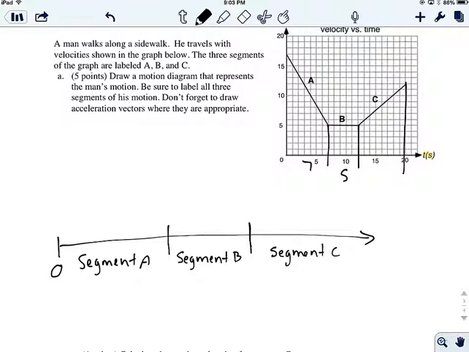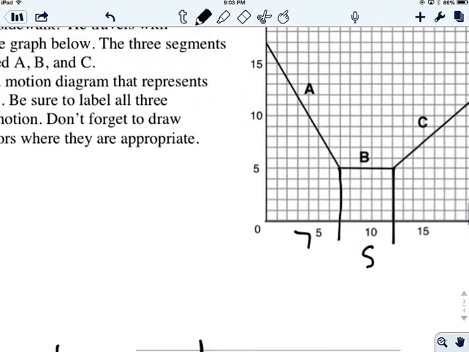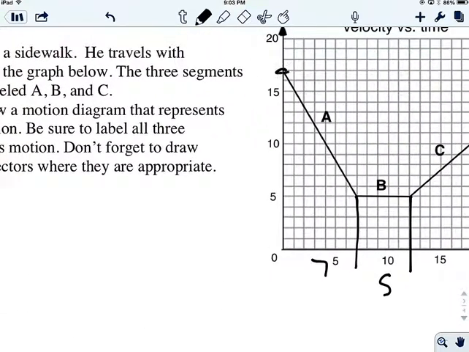Now I have to think about what's happening in each one of these. So A, his velocity is actually big at the beginning, right? It's 17 at the beginning, but then it decreases. So he's actually slowing down in this section.